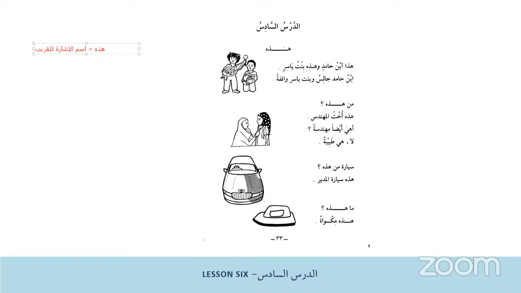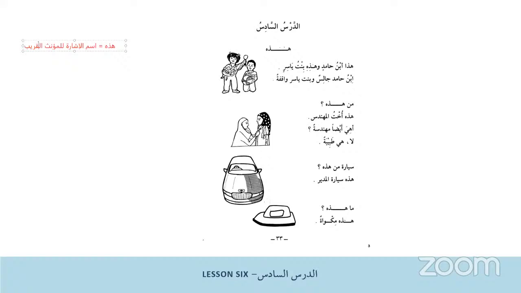هذه is a noun which is used for pointing at something which is, let's be more specific, للمؤنث. هذه is اسم الإشارة للمؤنث القريب, to point at something which is feminine but close. Okay.